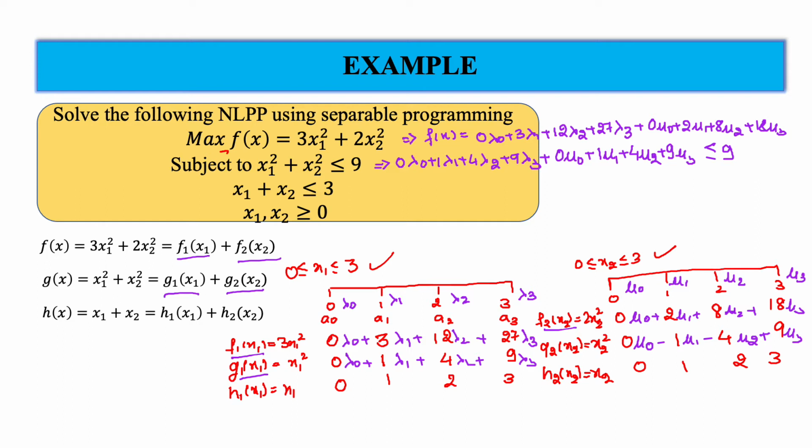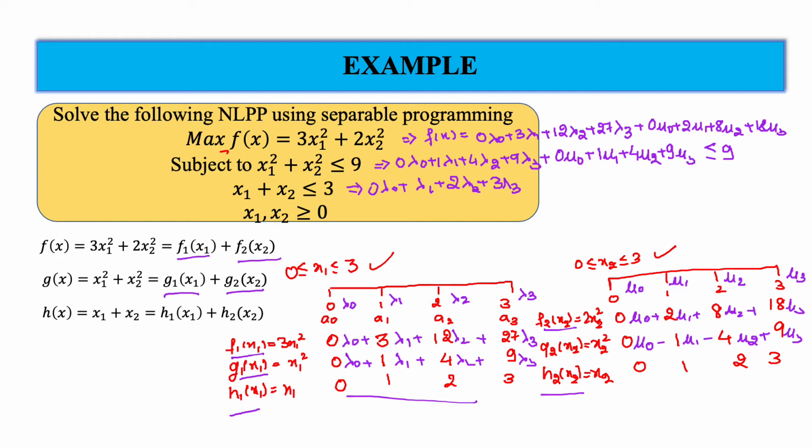Similarly for h1 we can write 0 lambda naught plus 1 lambda 1 plus 2 lambda 2 plus 3 lambda 3 corresponding to h1 x1.